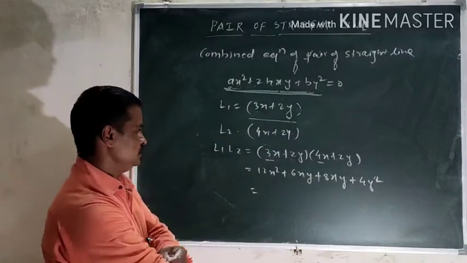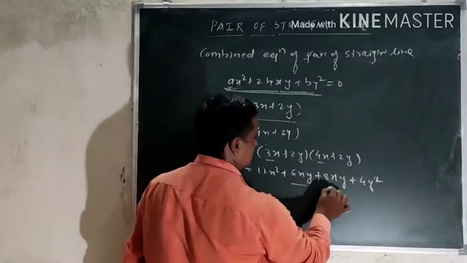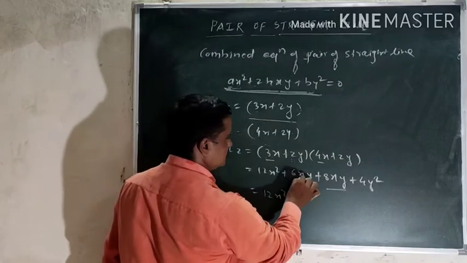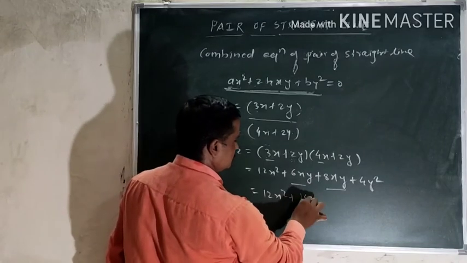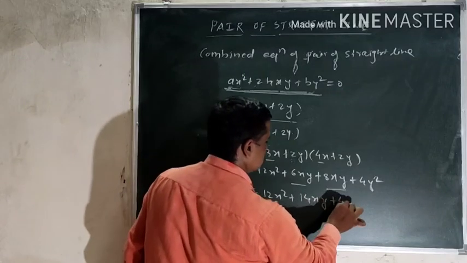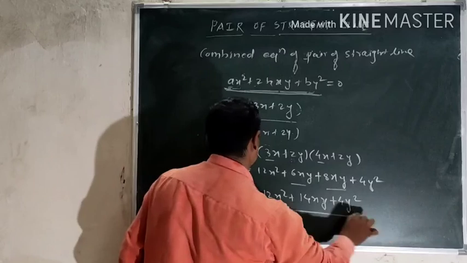Simplifying the like terms, 6xy plus 8xy is 14xy, plus 4y square.